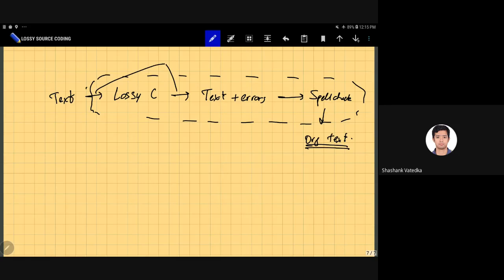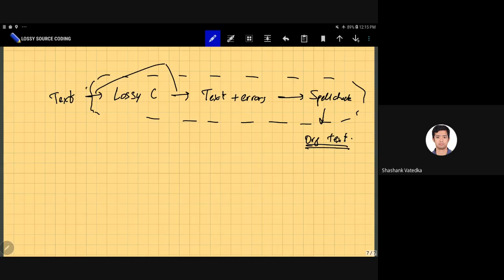So this scheme can never get you below the best possible, theoretically best, compression scheme for English text. But certainly your idea is correct. This is one particular compressor wherein you use an off-the-shelf lossy compressor and then spell check and correct it later. That's a perfectly valid point.